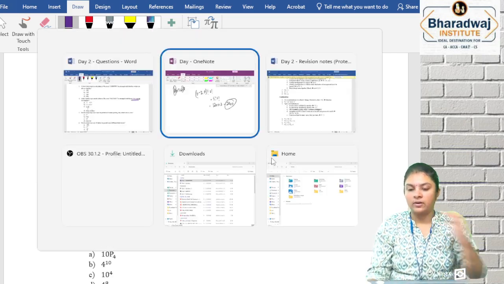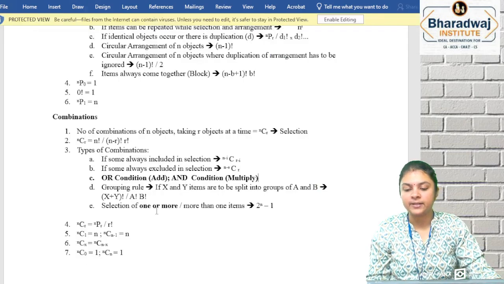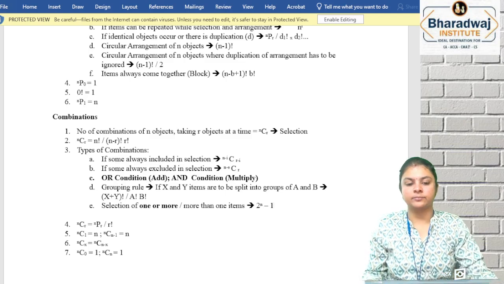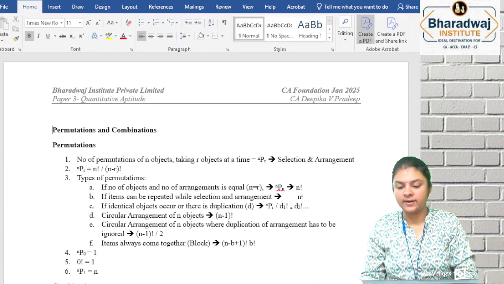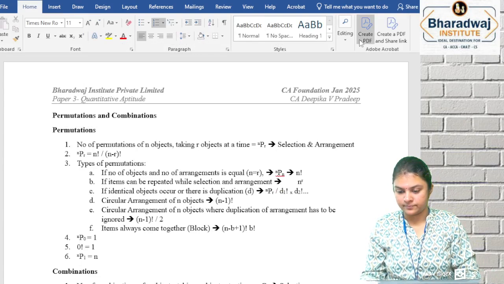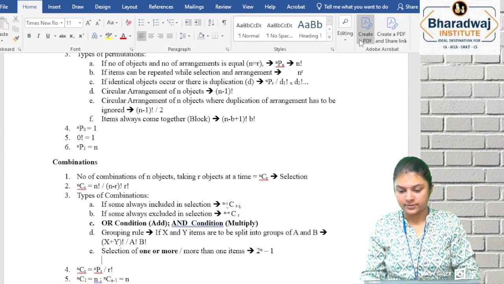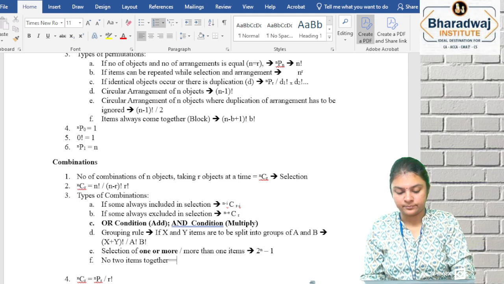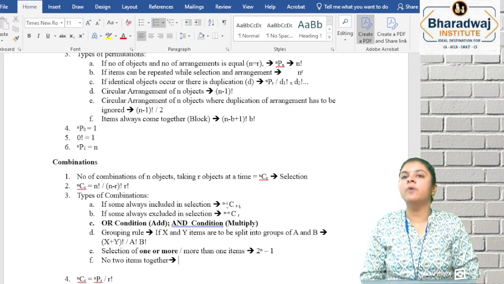So we will add it to that formula segment. You can write when it is given as no two vowels are together. So what formula you can use?